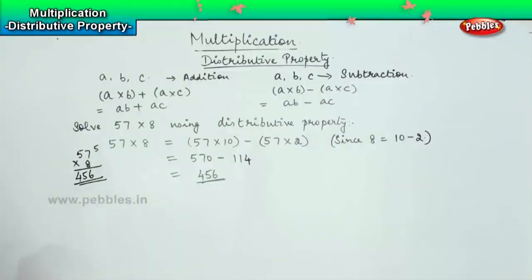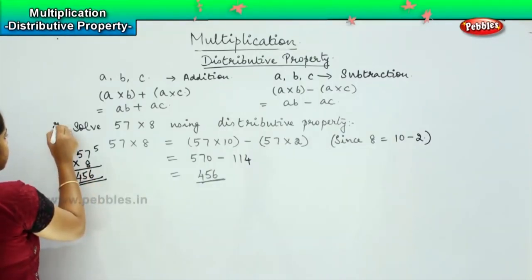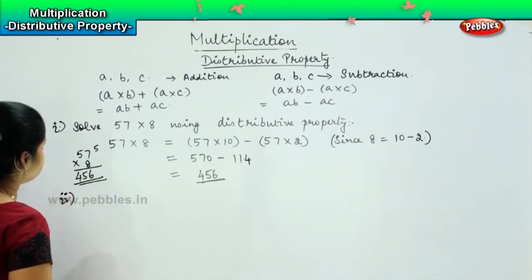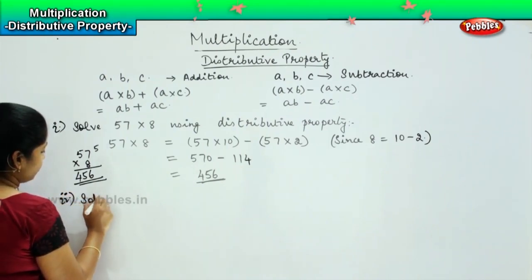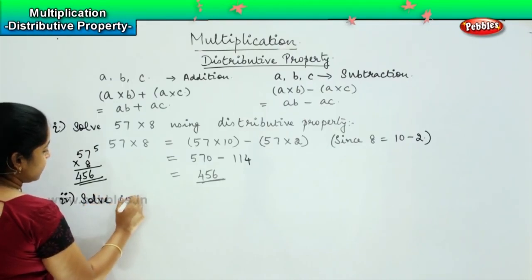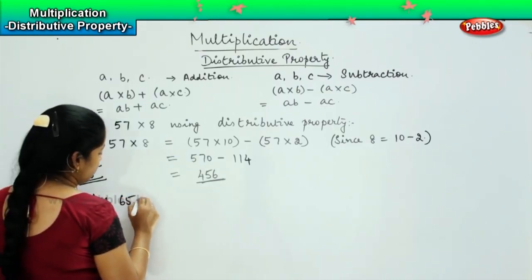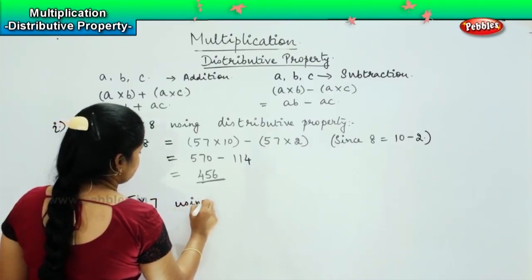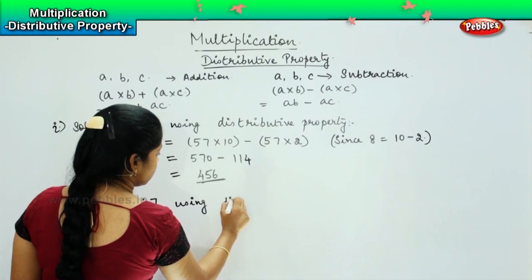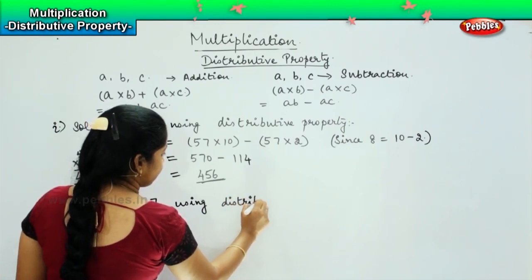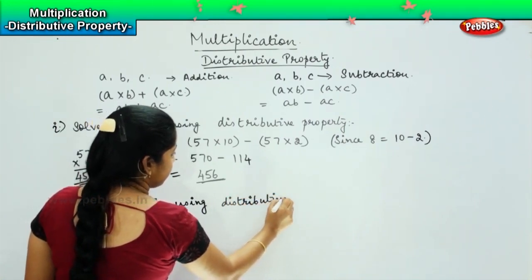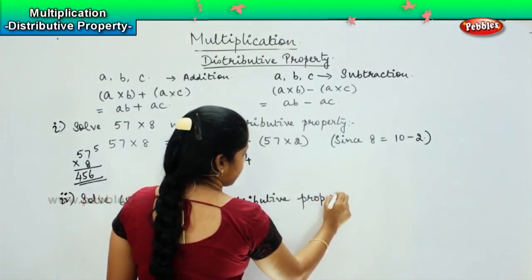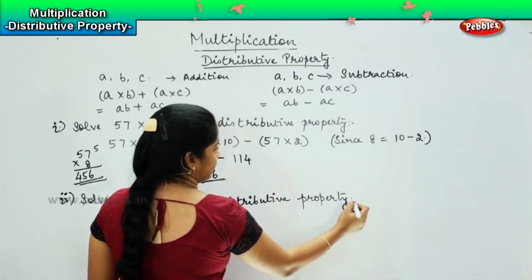Okay. Let us try to do one more. So this was my question 1. Say question 2, I say solve 65 into 7 using distributive property. Okay.